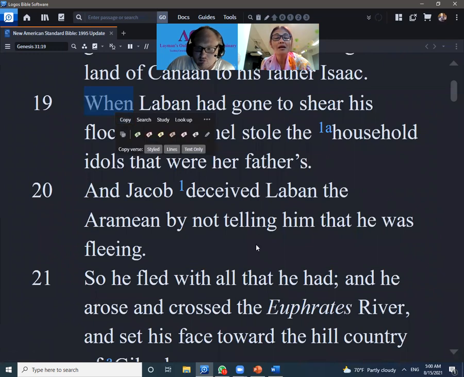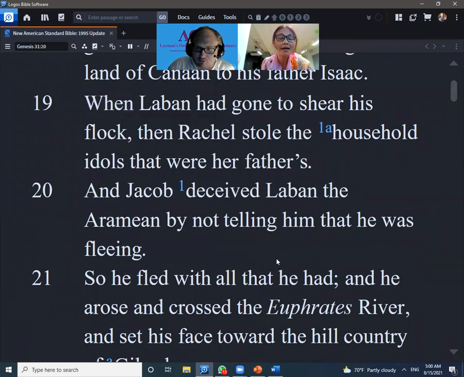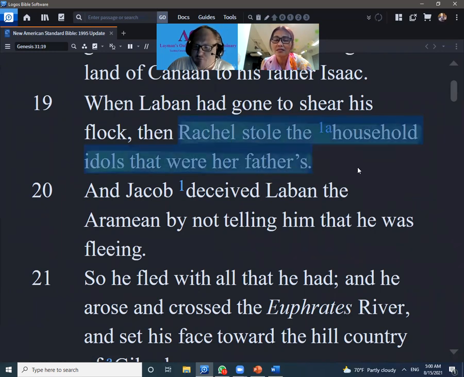When Laban had gone to shear his flock, then Rachel stole the household idols that were her father's. Why did Rachel do this? Well, there are two views. From my pre-understanding, since I haven't looked at commentaries because we're not in that process, one is supernatural, that she wants to trust in the other gods and wants the idols to bless her.